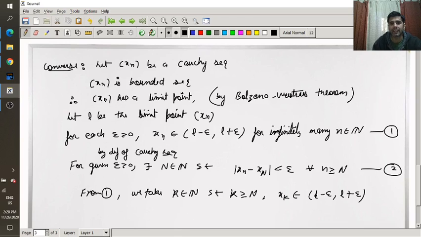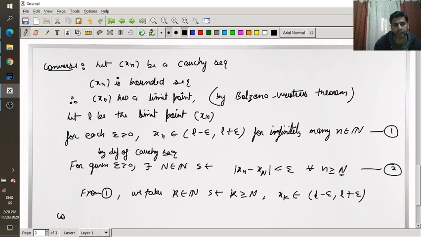Because there are infinitely many terms which lie between L minus epsilon and L plus epsilon, I have taken particularly those xk which are greater than N, so that these xk belong to 1 and 2 simultaneously, right?